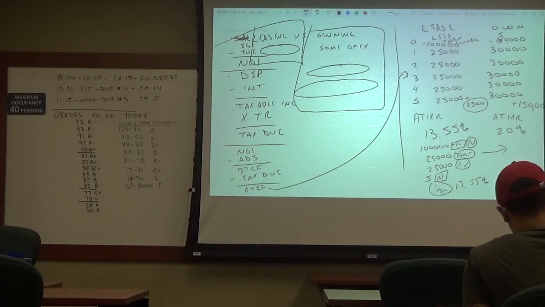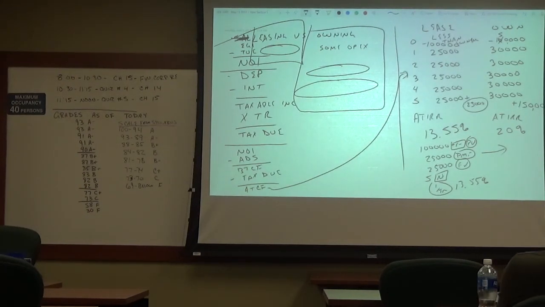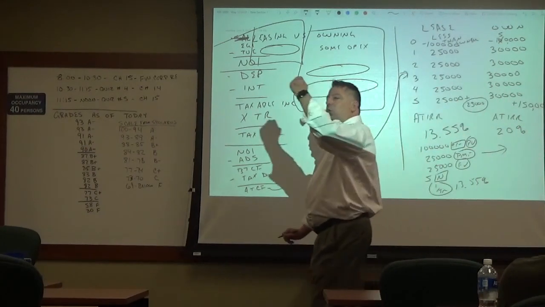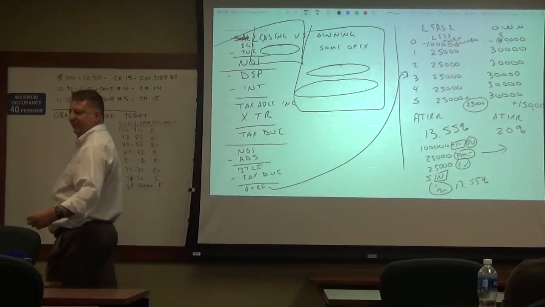Now, which one is better? Okay, owning is better. For the money that we're in essence putting into it, we're getting a better rate of return. How much better? And don't answer 7% or 6%. Okay, 27.43.